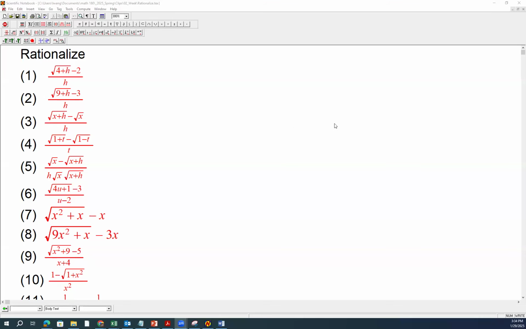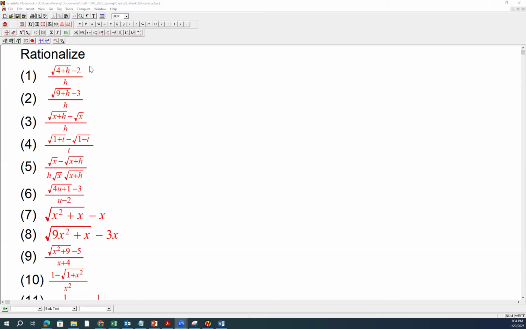Hello, everyone. In this lesson, I put together all these questions from a calculus textbook that require us to do rationalization. You may ask, what is rationalization?